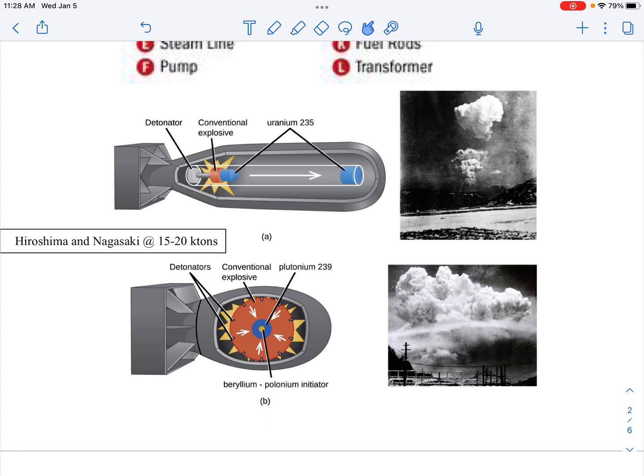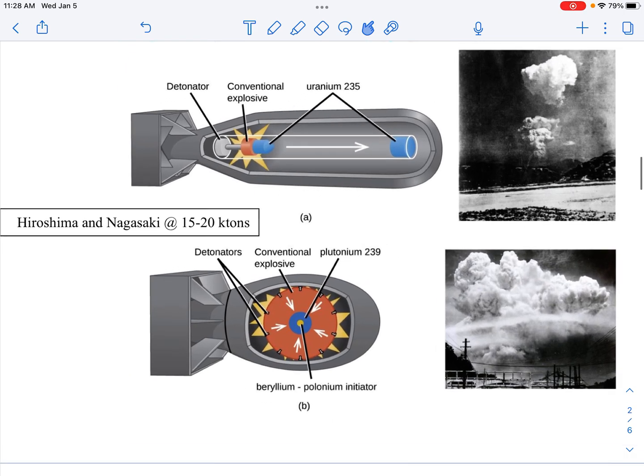So you get that chain reaction starting, and then within a fraction of a second, you have more energy than the system can contain, and the thing explodes. And explodes with quite a force here. The ones that we dropped over Hiroshima and Nagasaki were in the payload range of about 15 to 20 kilotons, which does not mean that the bomb weighed 15 or 20,000 tons.